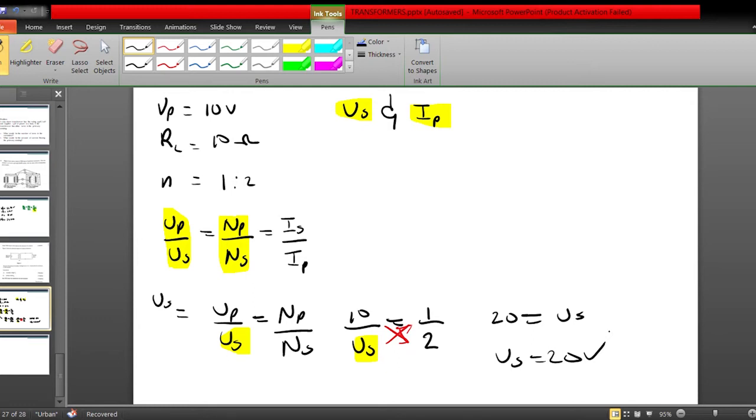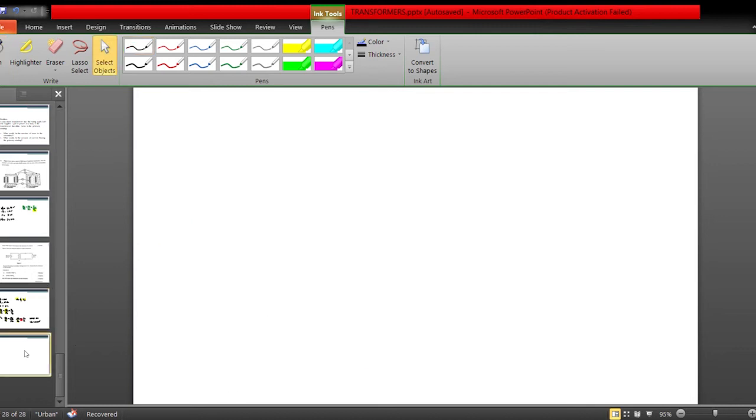So now we have Vs, and that should make it easier to solve for the primary current. Alright, now for the primary current. It is Ip, that's what we're going to find.